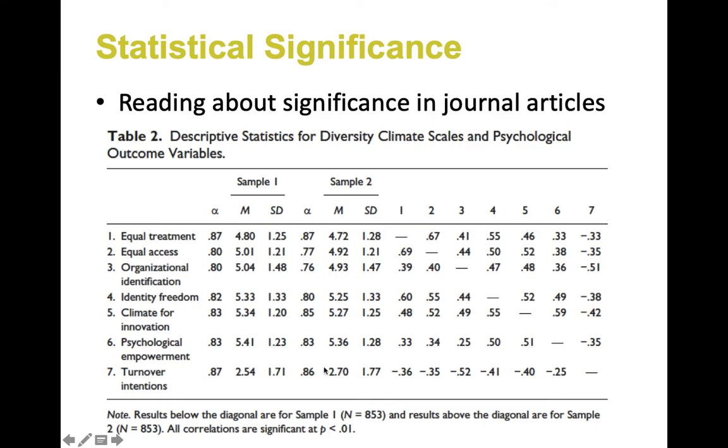You can also see some descriptive statistics, so mean and standard deviation. There were 2 samples here, so we've got study 1 correlations below the diagonal, study 2 correlations above the diagonal, and then a note that all correlations are significant. Okay, so all correlations met the threshold for statistical significance, not just at the 0.05 level, but actually at the 0.01 level. Okay, so that's an example of presenting correlational research.